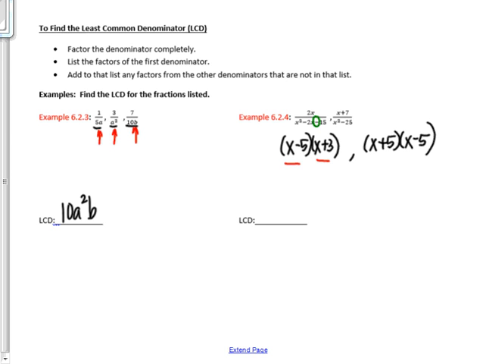You've got 4. 1, 2, 3, 4. Your common denominator is one of each. So you say, I need an x minus 5. Then I need an x plus 3. I need an x plus 5. But when I get to this last one, do I need an x minus 5? No, because I've already got it. So I don't have to write it twice. If they repeat, you can just list them like that. So it's one of each.